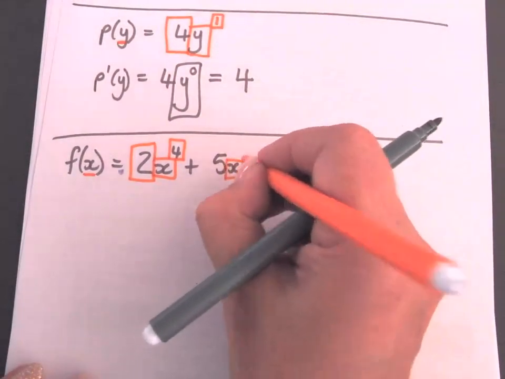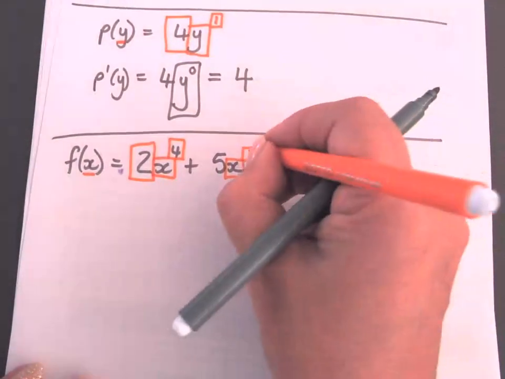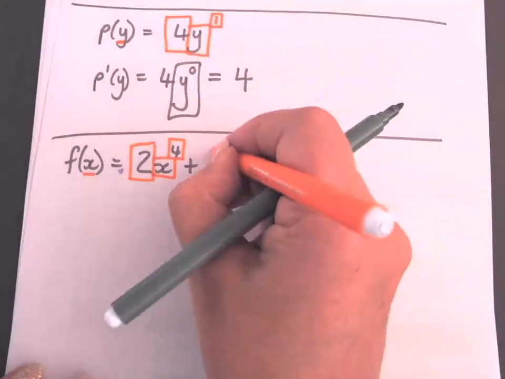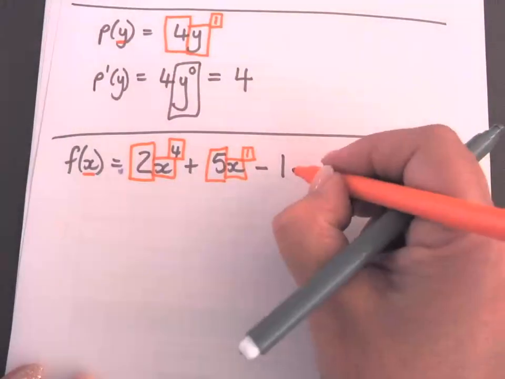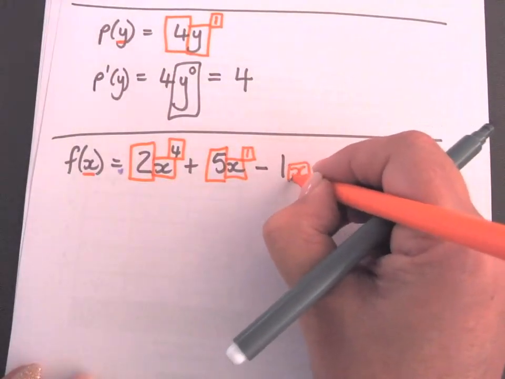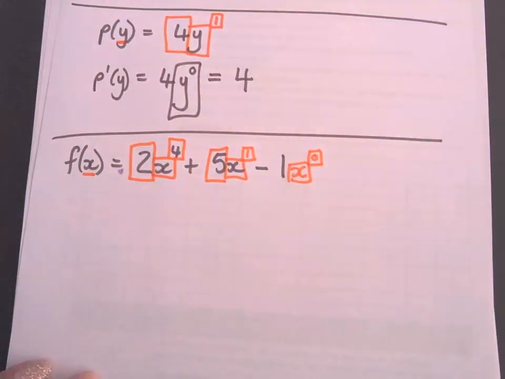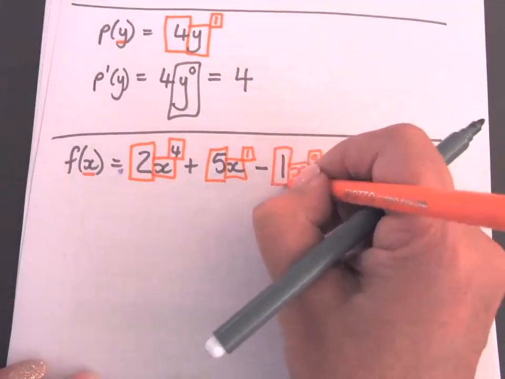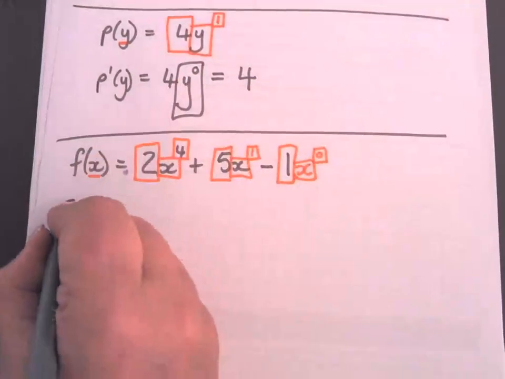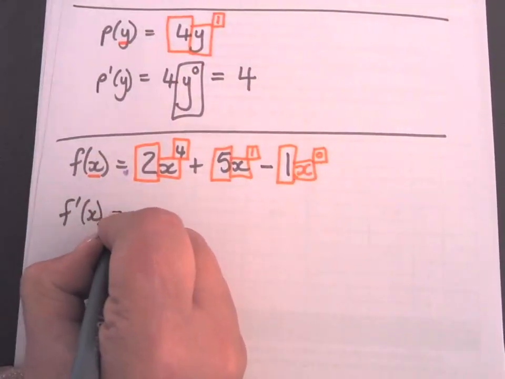I have an x, I must have an exponent, so it will be 1 with the coefficient. I need to have an x with the power of 0 and the coefficient. And then I can get the first derivative.